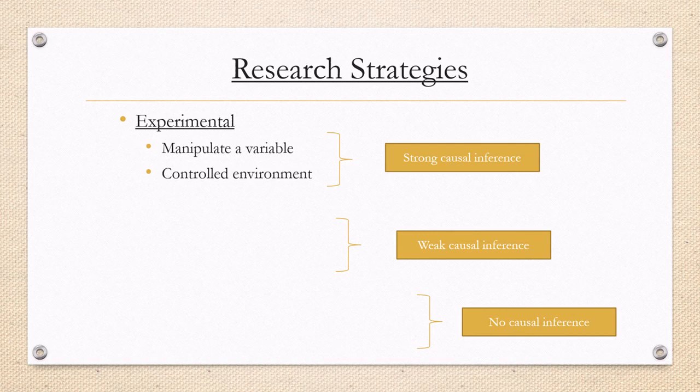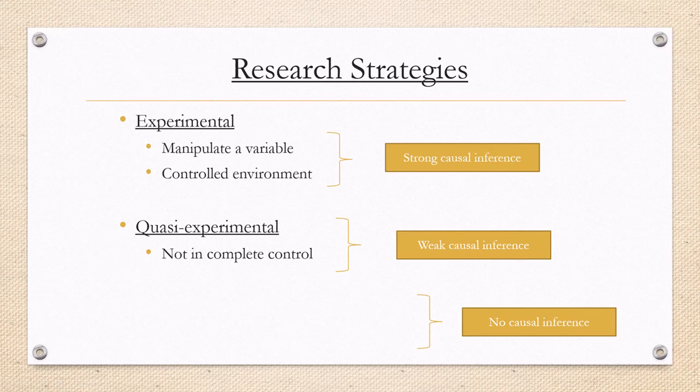So, if we want a strong causal inference, we need to do experimental research. We need to create an experimental design in which we manipulate our variable of interest or multiple independent variables, and we control the environment by randomly assigning people to conditions. We can do studies that have a weak causal inference, but may be more externally valid in that they are more applicable and generalizable to the outer world.